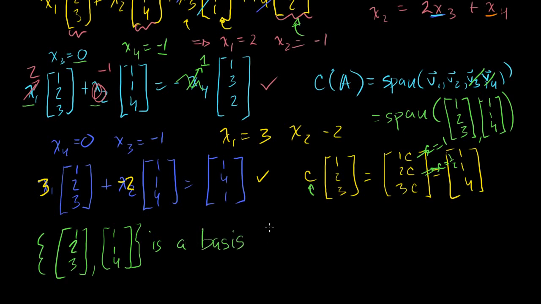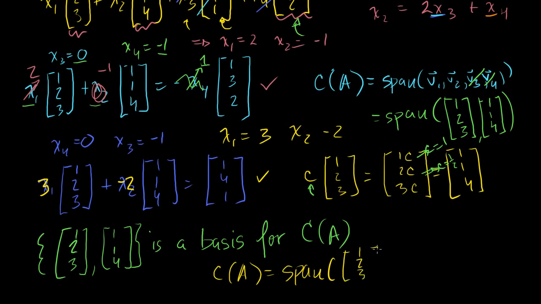This is a basis for the column span of A. Now, I'm going to let you go in this video because I think I've gone well over time. But what I'm going to do in the next few videos is, now that I've established that this is a basis for the column span of A, we can attempt to visualize it, because we can say that the column span of A is equal to the span of these two vectors. And we can think about what the span of those two vectors are. We're going to see that it's a plane in R3.